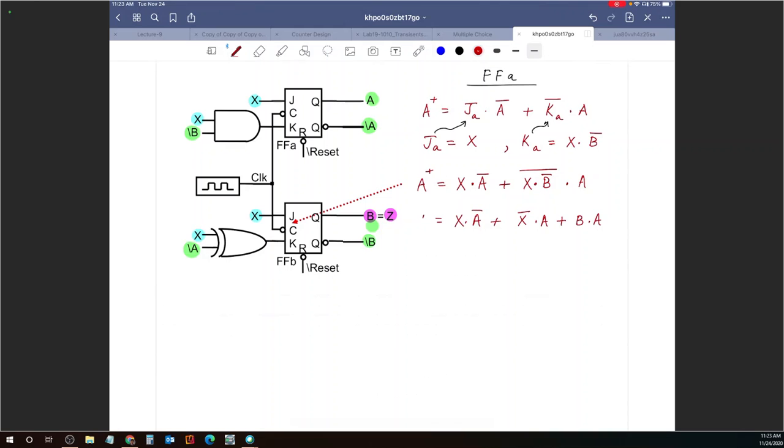Actually, just do A plus and then box it up. You guys okay with that expression right there?